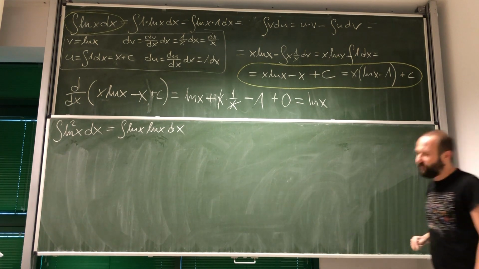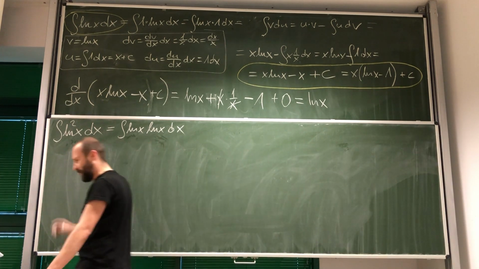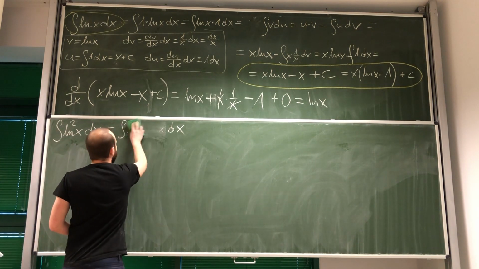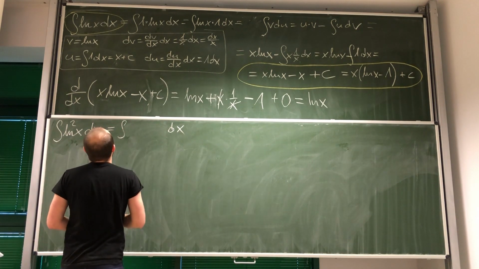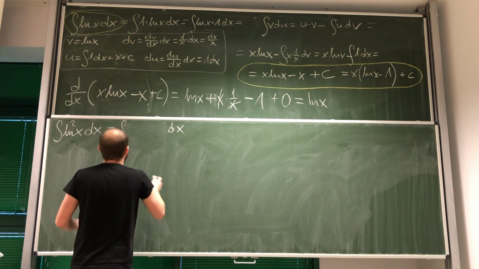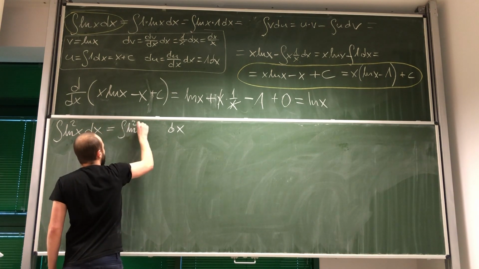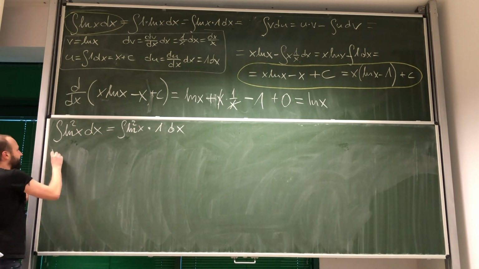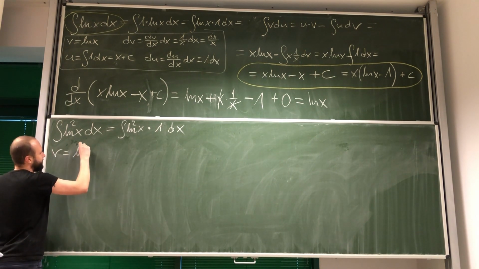But let's try a different way. Let's try a more adventurous way. And our way is going to be to write it as ln squared x times 1 dx. So our v is going to be ln squared x.